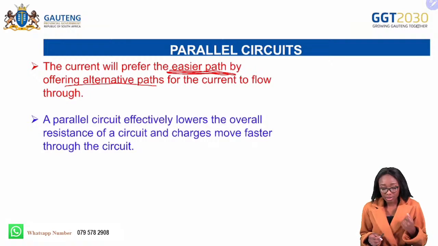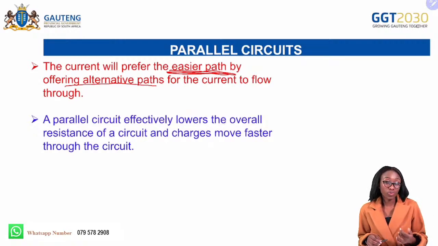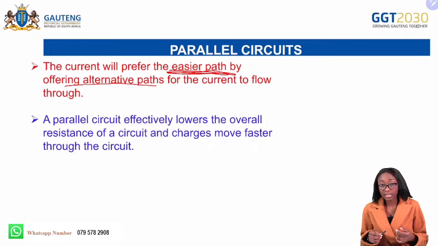A parallel circuit effectively lowers the overall resistance of a circuit, and charges move faster through the circuit. Remember when you were learning about series circuits, they are all connected in one pathway. There is no alternative path.